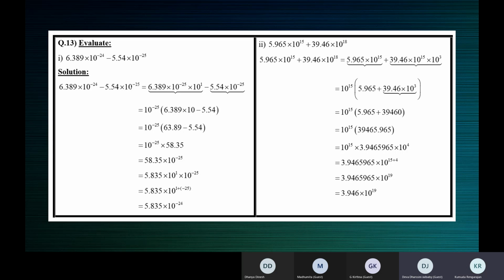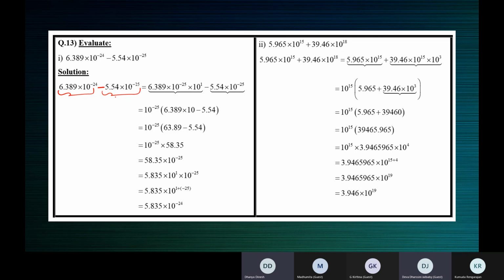Okay, so we can do the first one in a different way also. Let me explain what you see on the screen. We are talking about question number 13, subdivision 1 answer. Children, there is an expression here, and both are connected by a minus sign.